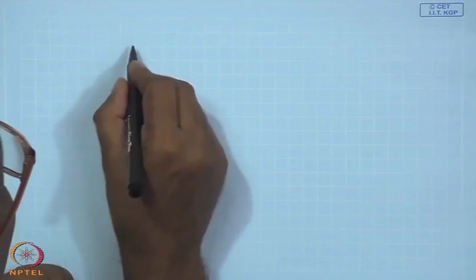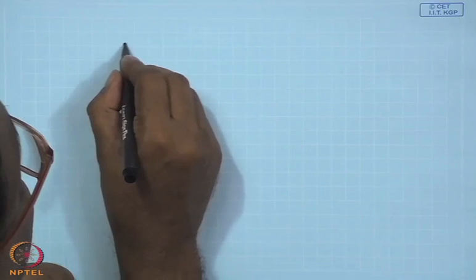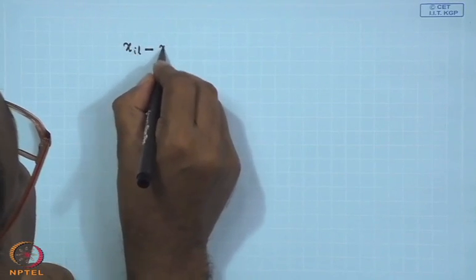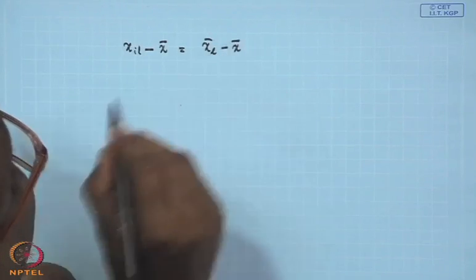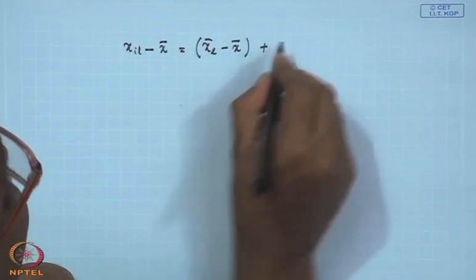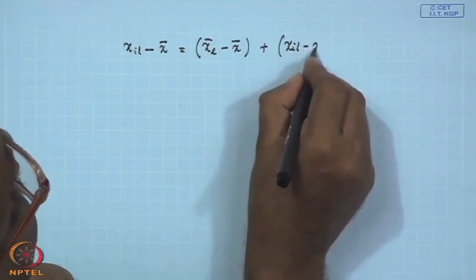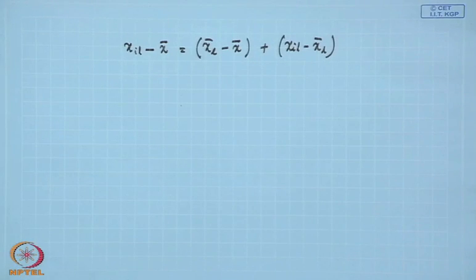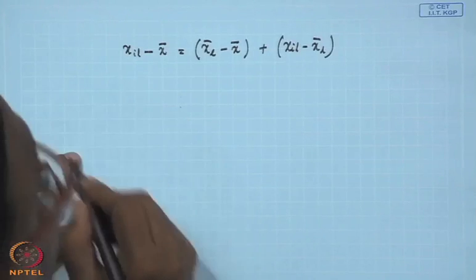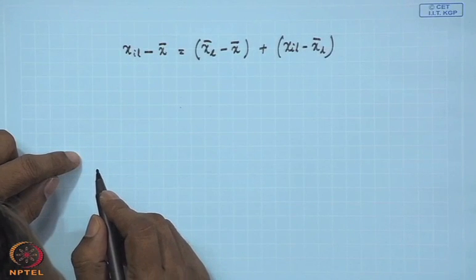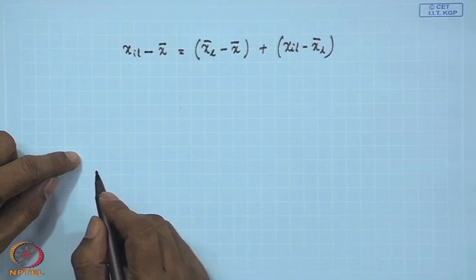You do a little more manipulation here. What will we do now? We will write XIL minus x bar equal to XL bar minus x bar plus XIL minus XL bar. If you take the square, what will happen? Yes, transpose, because this is a vector form.